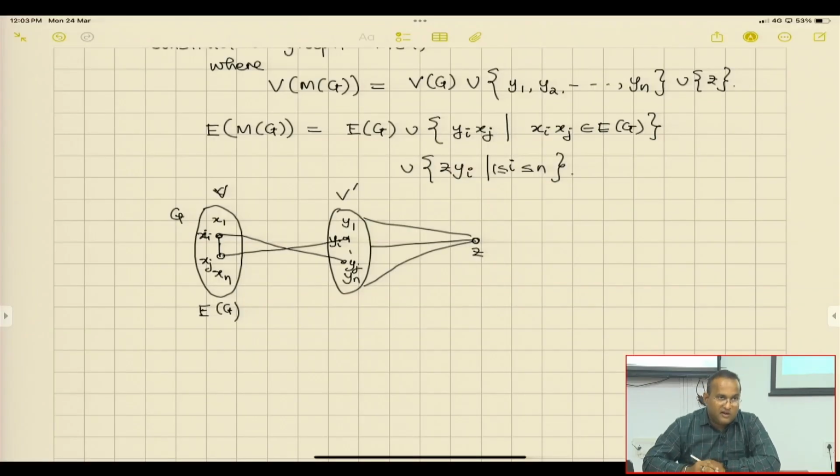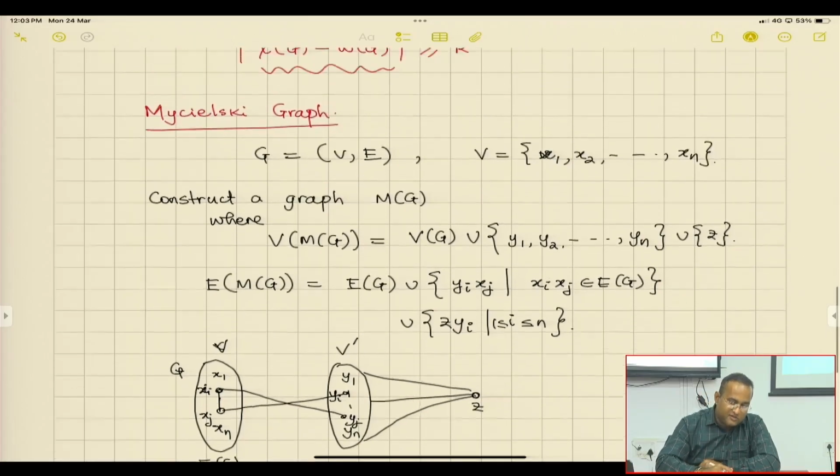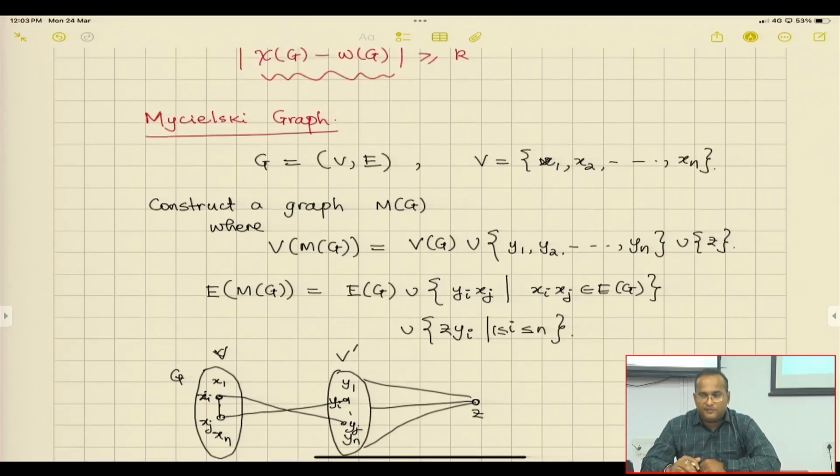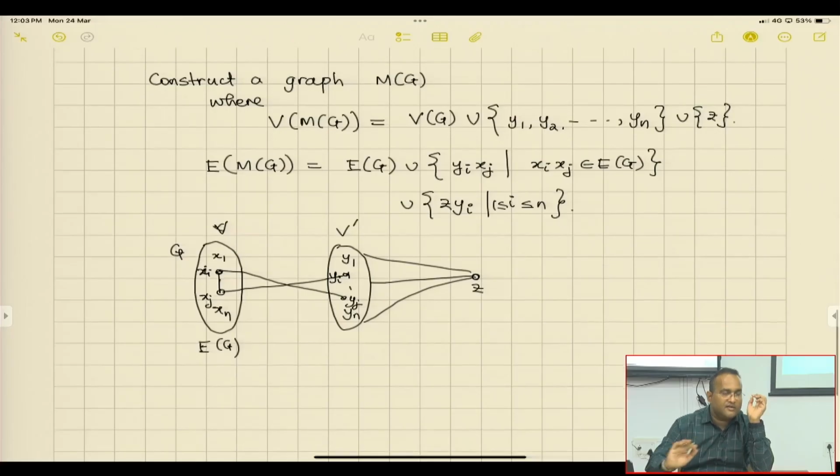If xi xj is an edge of the graph, then you join the edge yi xj, okay? Then we are going to get this thing. So this graph is called basically the Mycielski graph, okay, of a graph. So given a graph, we can construct the Mycielski graph by this construction.